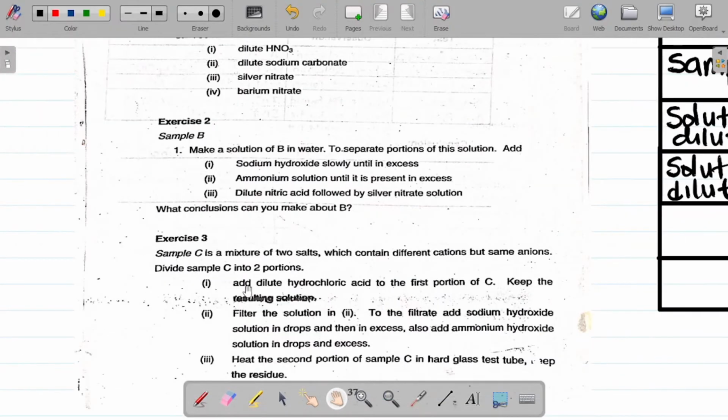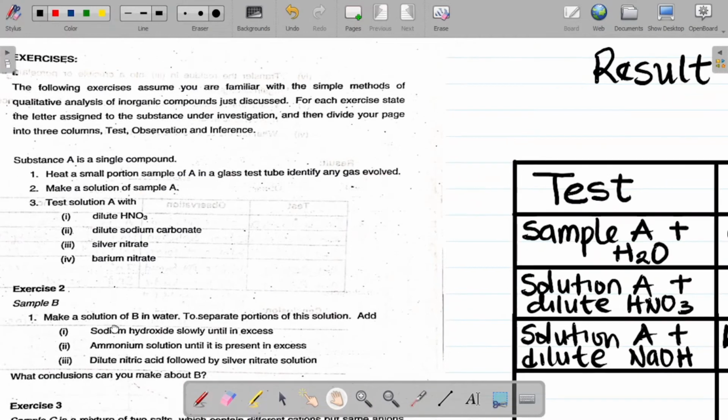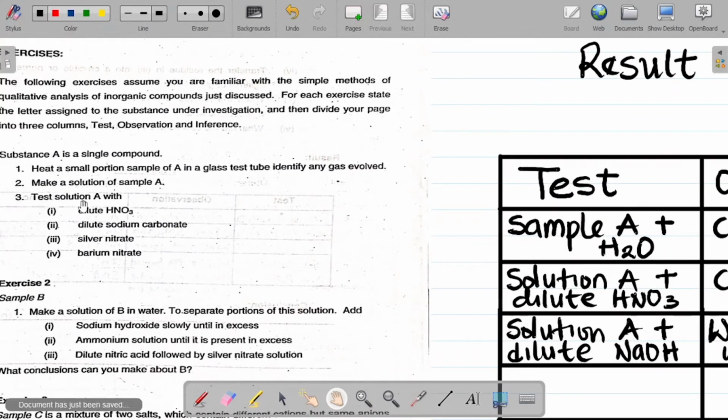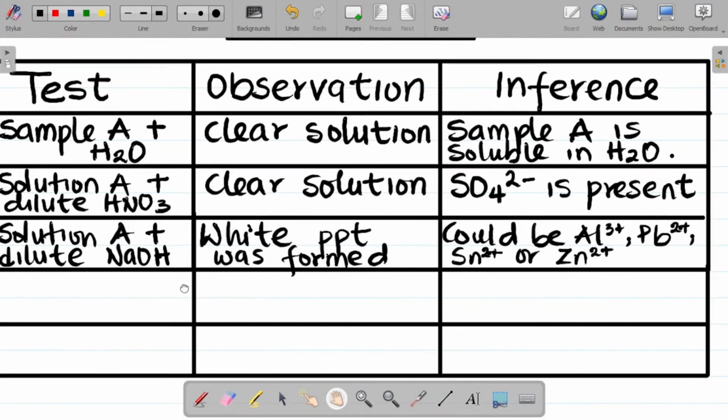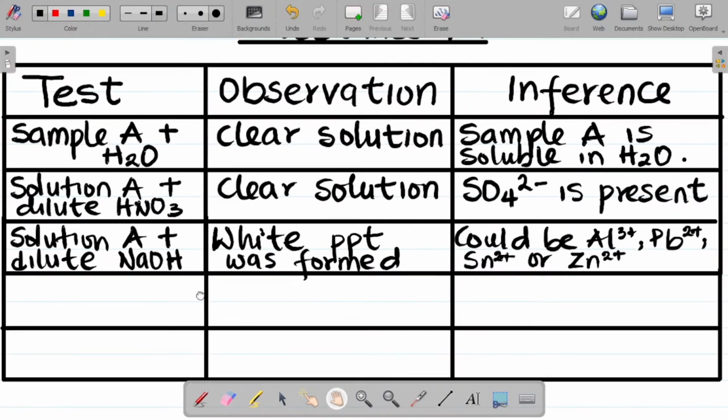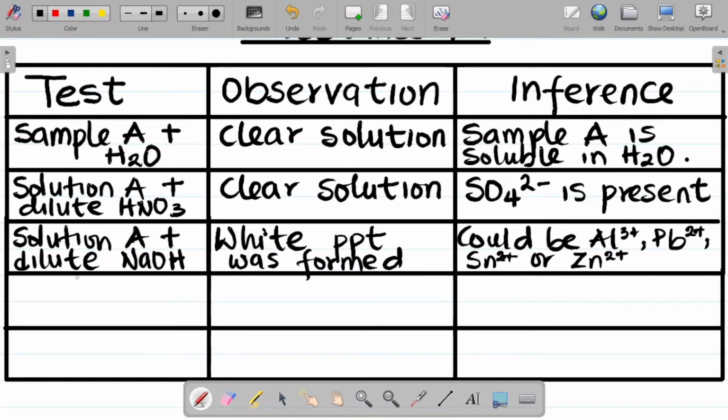So what's next there? The next one says, test solution A with silver nitrate. Silver nitrate is AgNO3. So I'll come here and say solution A plus silver nitrate. You're free to shorten this if there's no space in your manual. If the space in your manual is not big enough, you can simply write A plus AgNO3.